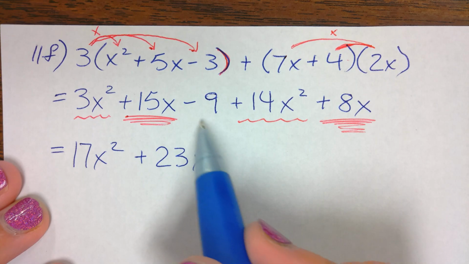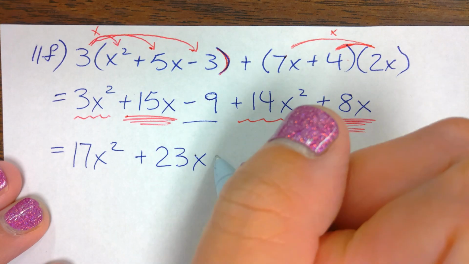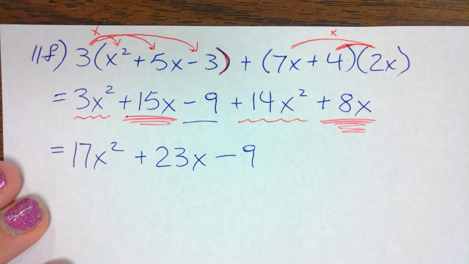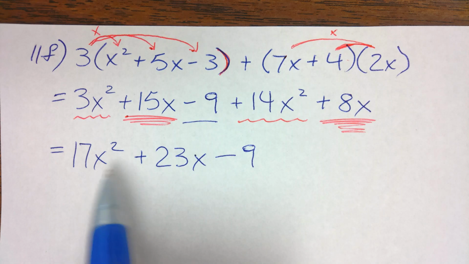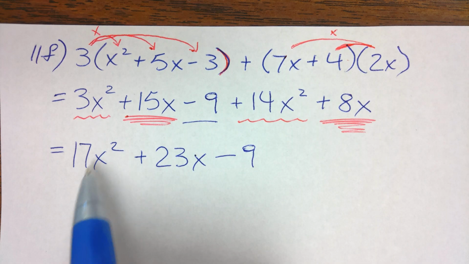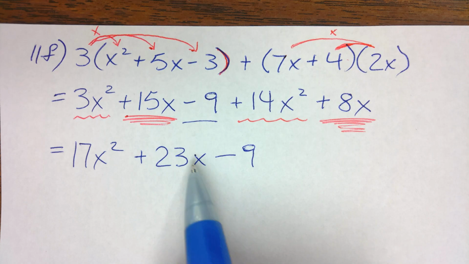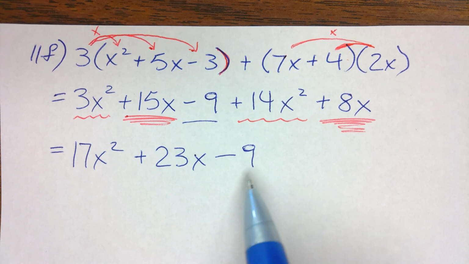And lastly, we have this -9 that doesn't go with anything else. Is this my final answer? Yes. Can't do anymore. Can't group them anymore because this is the Tesla, this is the Toyota, and that's money. Don't mix.